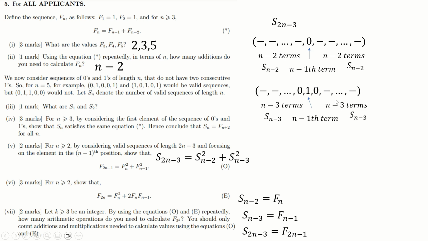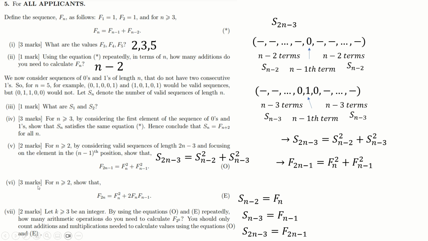And again, you multiply them together to find the total number of ways you can construct this, which is S(n minus 3) all squared. And therefore, the number of ways to build S(2n minus 3) is S(n minus 2) all squared plus S(n minus 3) all squared. And by the conclusion we had in the previous part, that the S's are related to the F's via this, we can just convert that to be this rule here, which is what they wanted us to get.